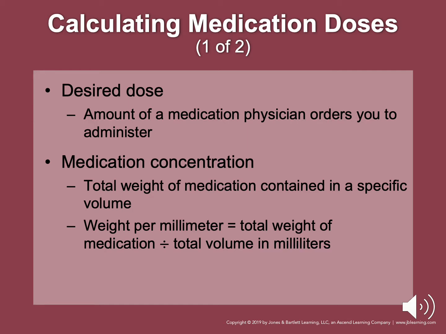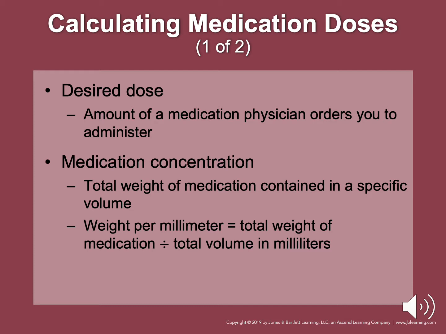So the desired dose is the amount of medication the physician orders you to administer to a patient. It may be expressed in a specific number of grams or milligrams per kilogram of body weight. Medication concentration is the total weight of the medication contained in a specific volume.